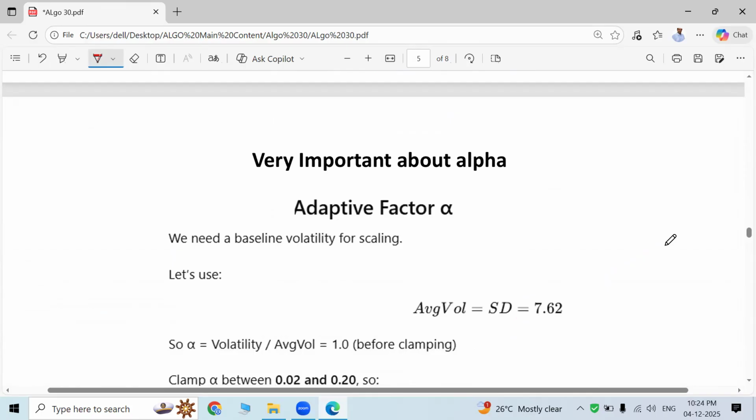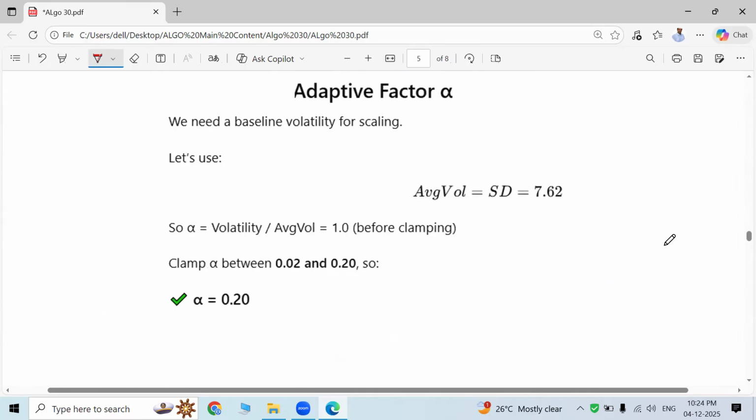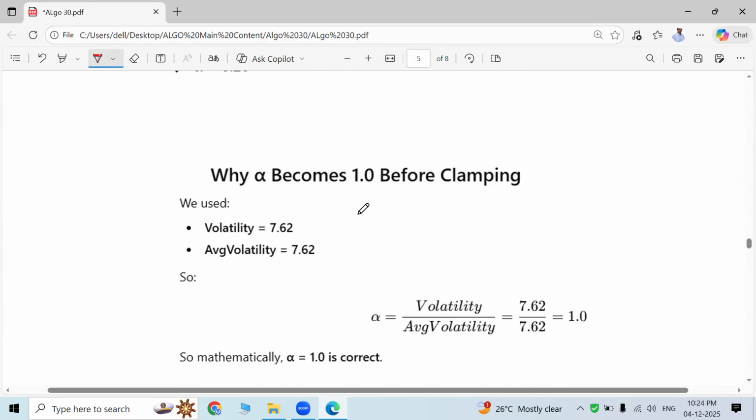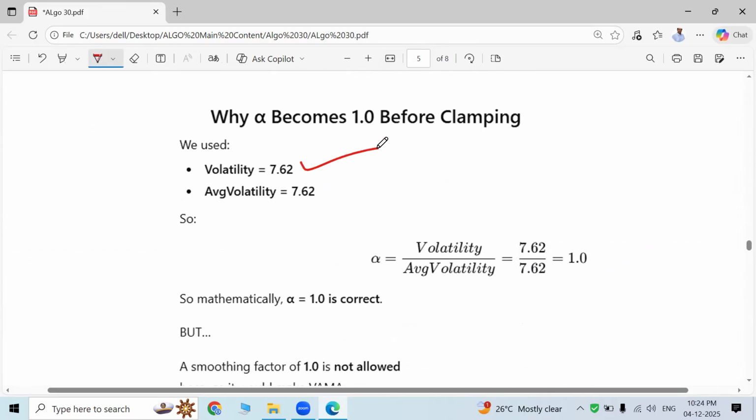Once we get the standard deviation, we need to find the alpha. So alpha is volatility divided by average volatility. Here the volatility is 7.62 and the average volatility is also 7.62, because we have collected just one value of 20 cycles. If one more value comes, then volatility changes and average volatility also changes.